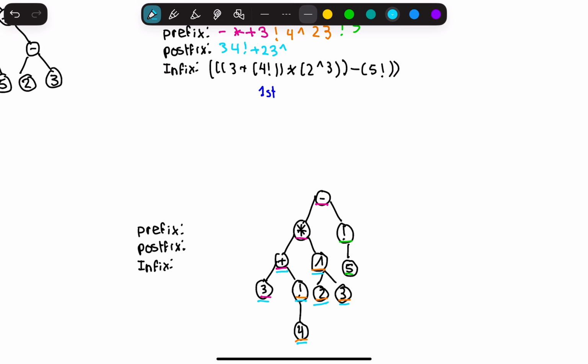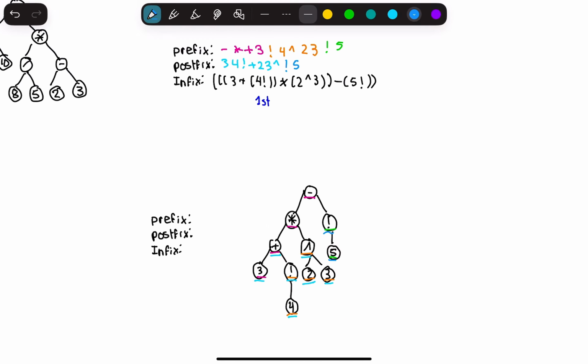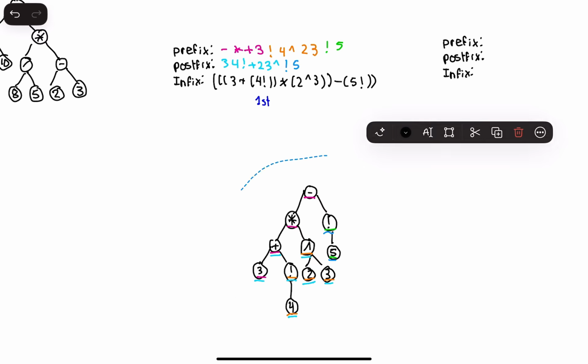Oh, we forgot to do 3. And after this, we have just this and then 5. So that is this example.